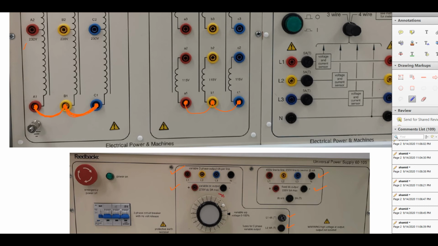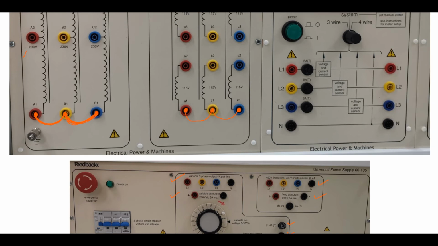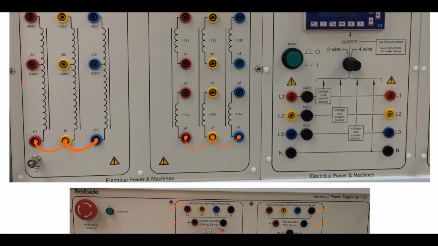Okay. So now, as I told you, we have to connect our lines directly to the primary. But since we need to measure the power and the voltage across each winding, and the current flowing in that transformer will be going through that power meter, the one you can see next to our transformer.